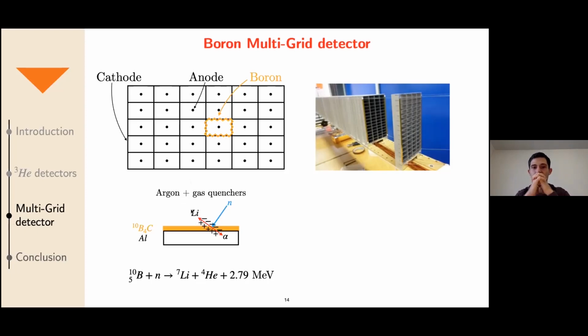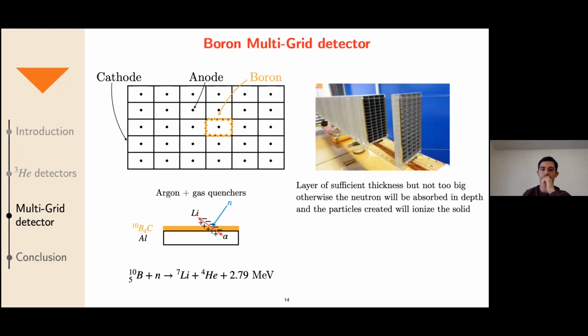During the motion of these charges, the electrons are going to be accelerated, and so they are going to ionize the gas and create new electron-ion pairs. So secondary particles are produced, and the motion of all the created charges induces a current, and by integrating it, we can obtain the total charge.